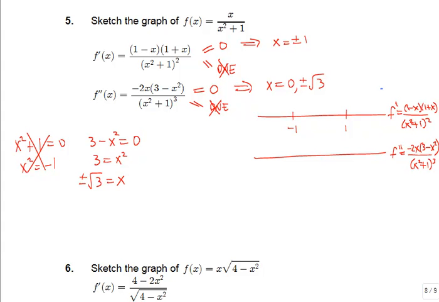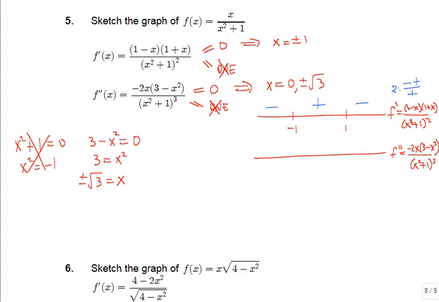So if I tested something like -2, 1 minus -2 becomes positive, and 1 plus -2 is negative, and that denominator is always plus. So this will be minus. If I test 0, 1 minus 0 is positive, 1 plus 0 is positive, and the bottom is always positive, so this will be plus. And if I test 2, 1 minus 2 is negative, 1 plus 2 is positive, and the bottom is positive, so this will be minus.